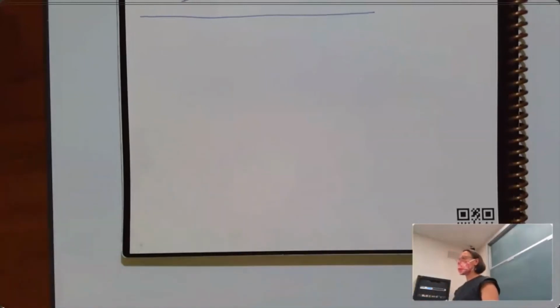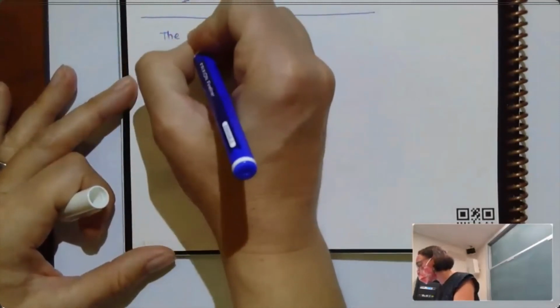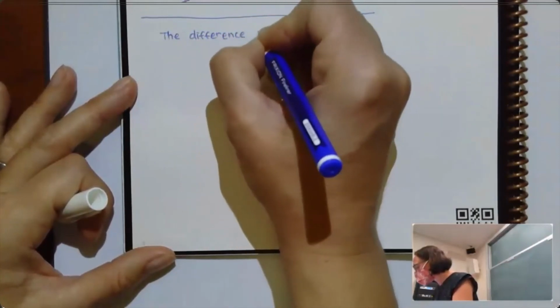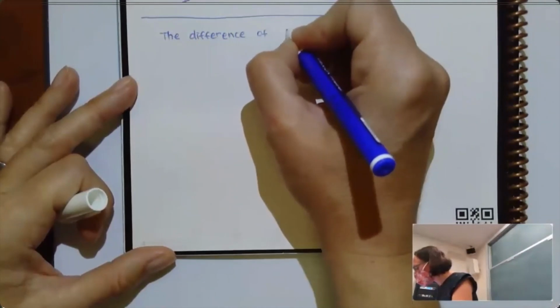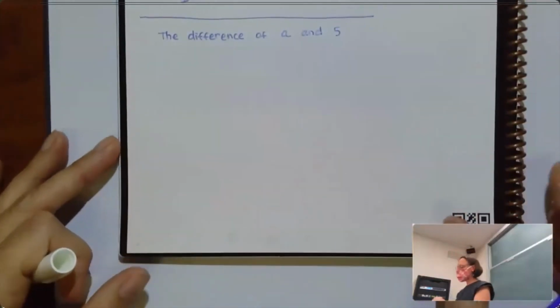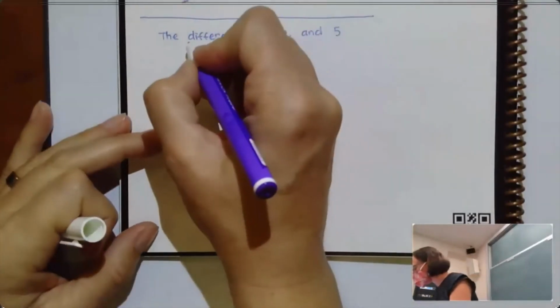And in this very first section of the book, keeping it fairly simple, we're just practicing translating some phrases into mathematical expressions. So if I said something like the difference of A and 5, well, that word difference means subtraction.